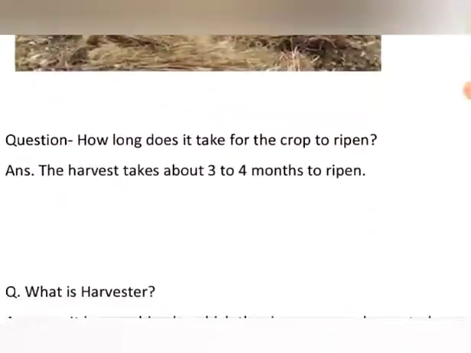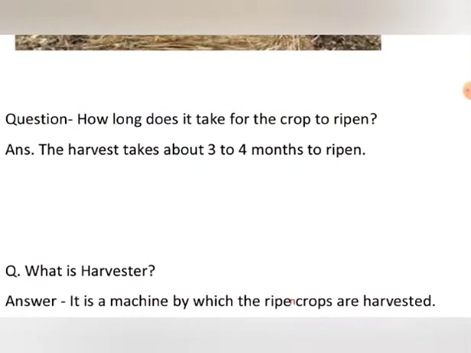Now there is another question, how long does it take for the crop to ripen? It varies according to the nature of the crop.